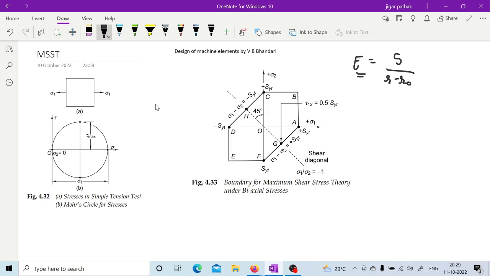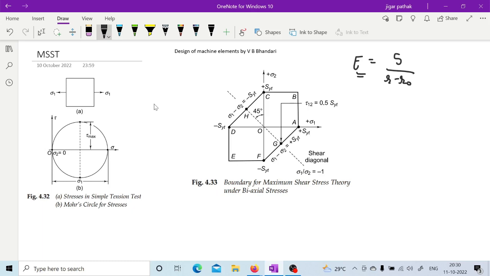So then why, if we are considering sigma 2 as more, is the area of the graph shifted more towards the bottom portion? It is also shifted towards negative left also, no? Negative x also it has shifted.